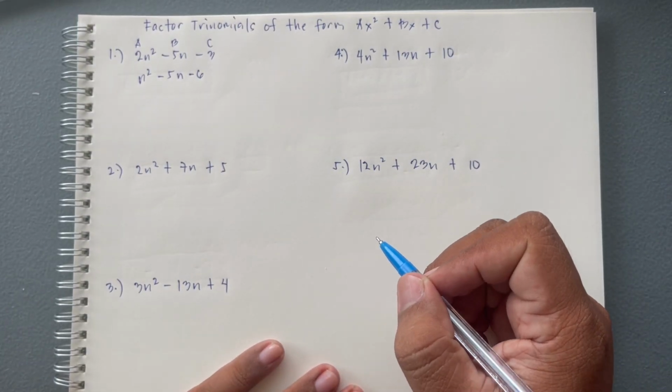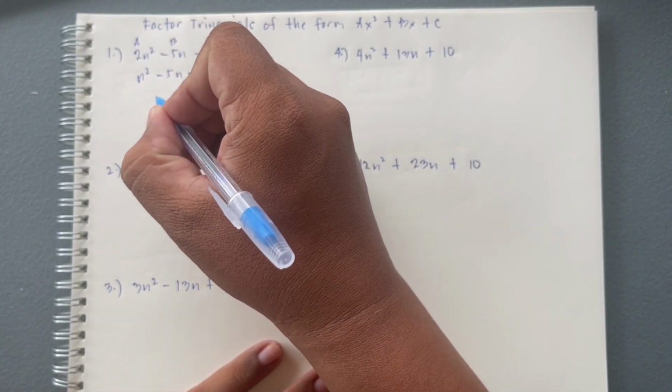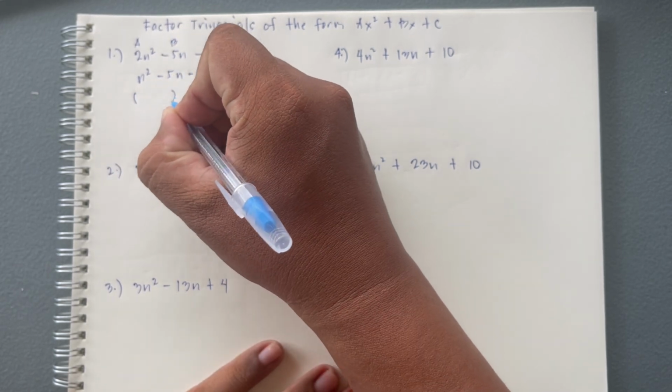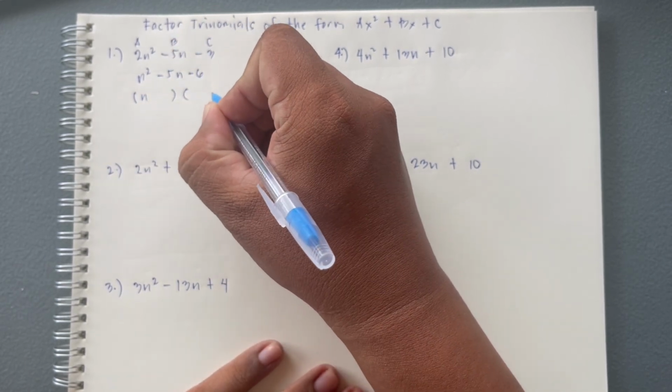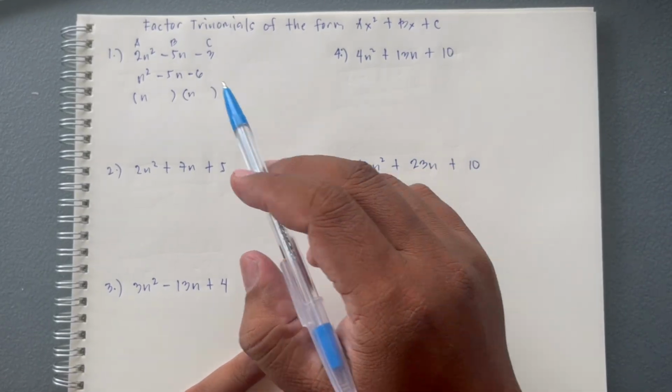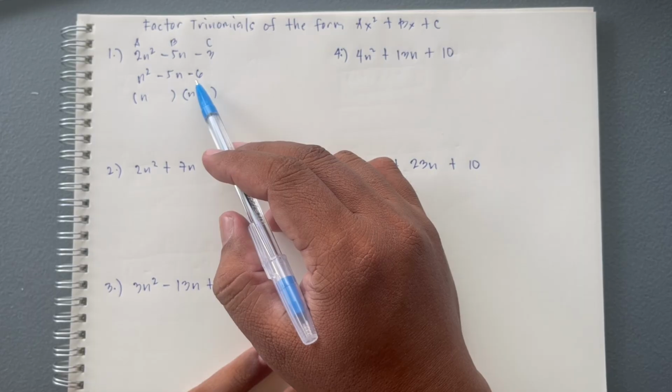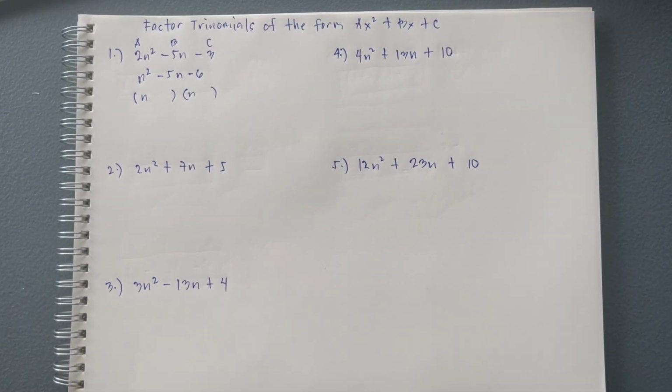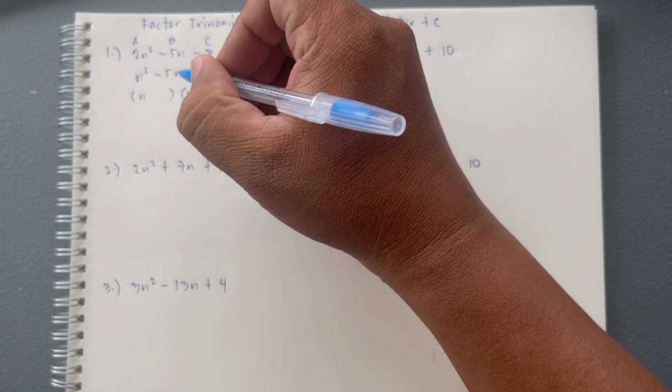Now, we can factor the n squared: n times n. Then let's factor the negative 6. So we need two numbers that if we multiply, it equals negative 6, and if we subtract, it equals negative 5.